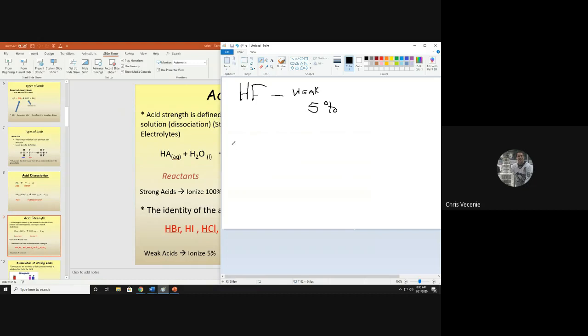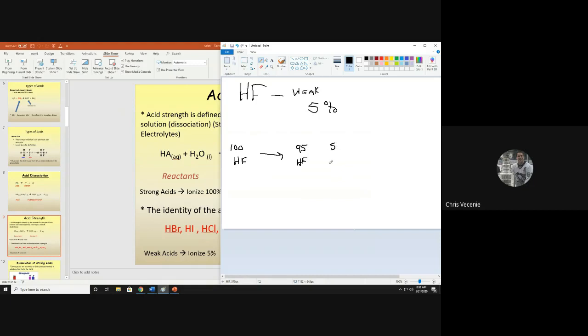So if I were to put 100 HF molecules into water, I would get 95 HFs that remain connected because they don't dissociate, and I would get 5 that break down.